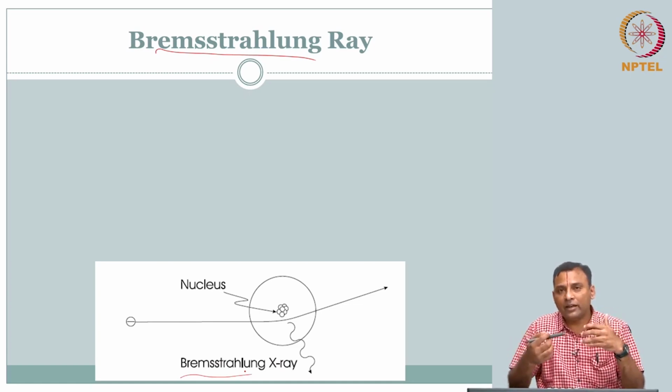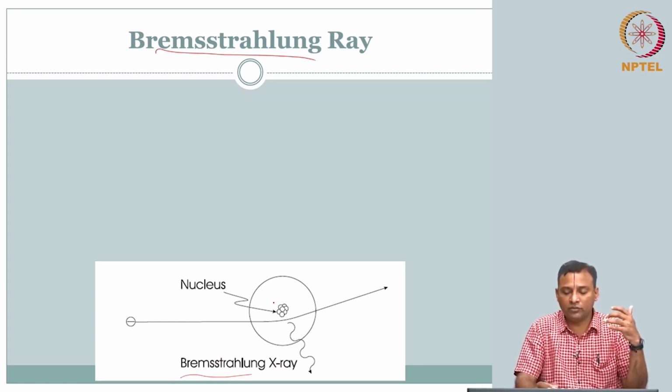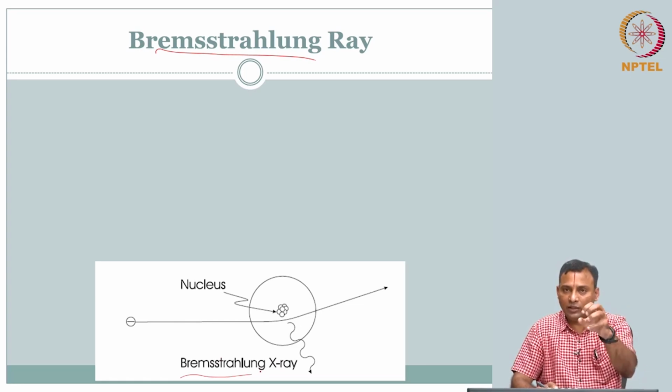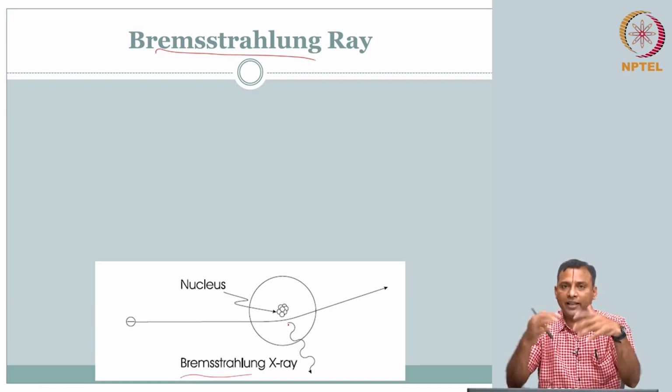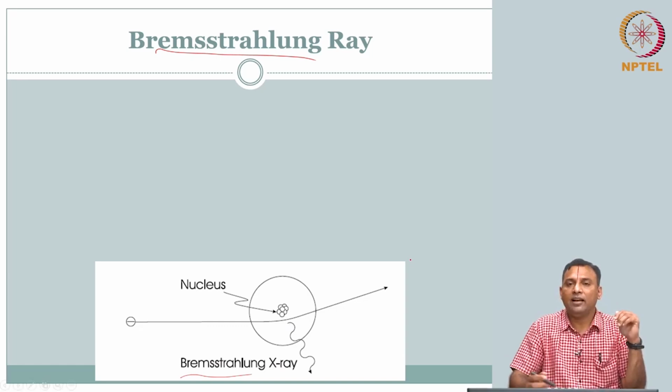So you relate the analogy why it is braking. That is why it seems like it is slowing down because of this attraction to the nucleus. Braking means applying the brakes, and slowing down.